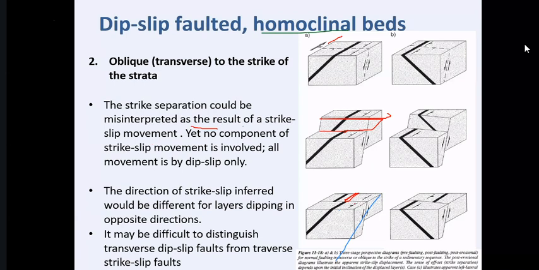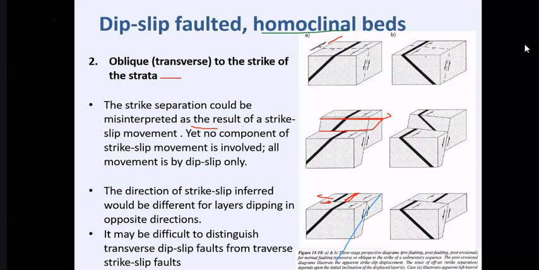This would be misinterpreted as a strike-slip fault that is oriented in this direction, but in actual fact it is a normal fault that has separated this marker bed because of the oblique slip movement on that fault plane.